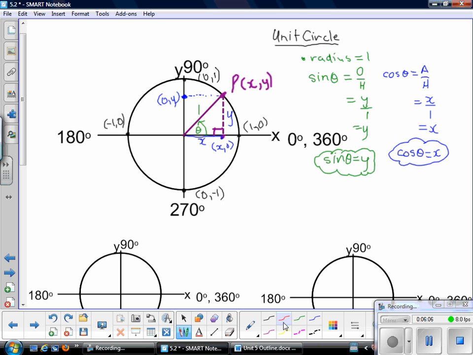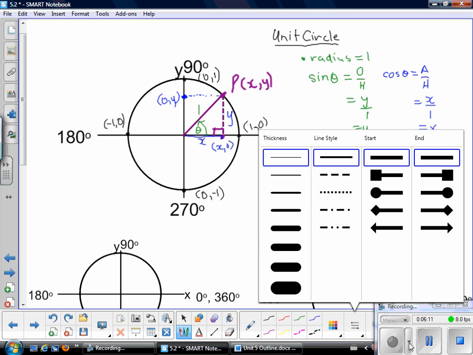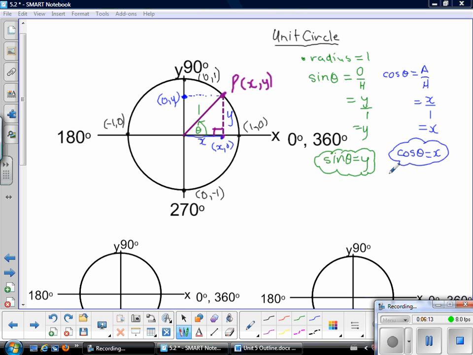Now, the other one that we look at is tan. Tan of theta equals, we know, opposite over adjacent. If we look here, opposite is y over x.